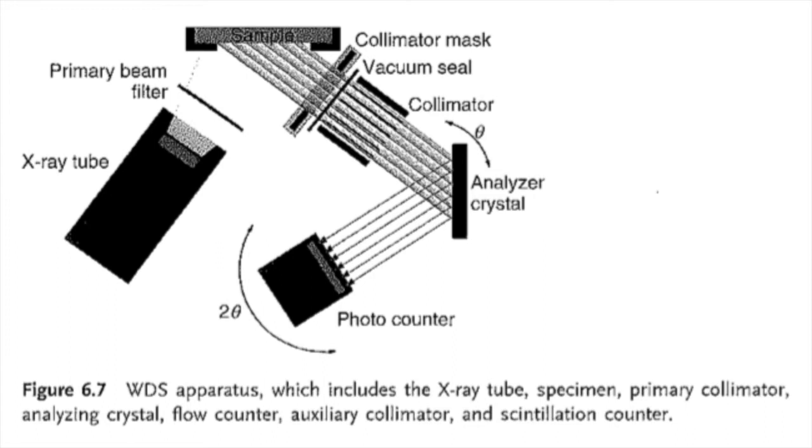And so WDS tends to be slow and sequential because at one spot we have to scan through a range of those theta values. We can get around that, and some of the more modern instruments have what they call multiple channels, but really what that means is that we have multiple analyzer crystals. And so that allows us to do multiple in parallel instead of sequentially. So that's one way we can get around this.